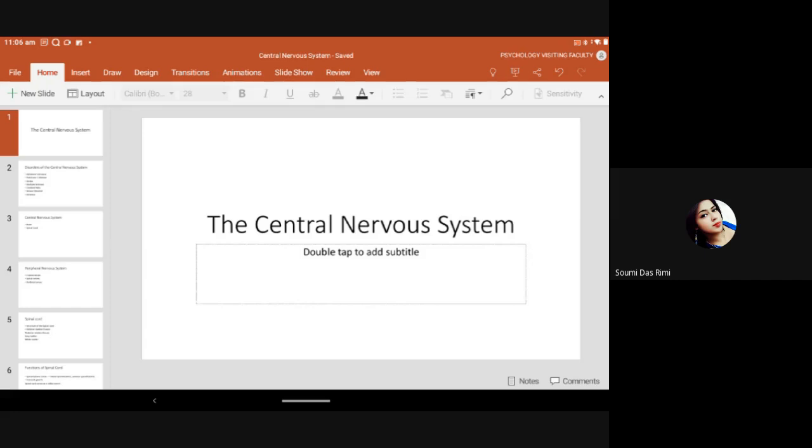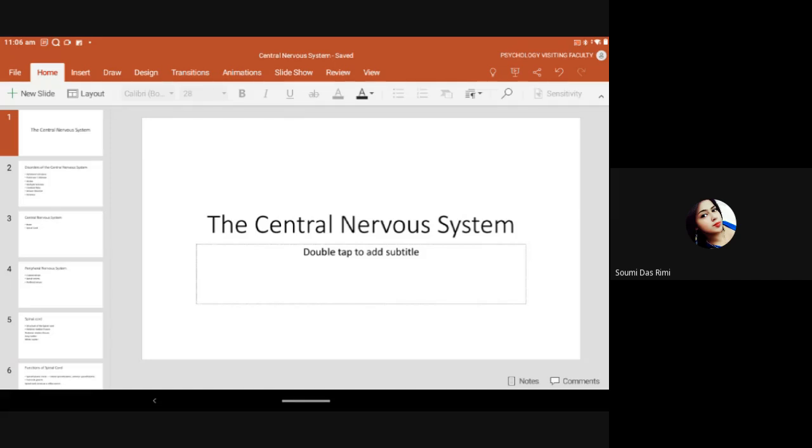Again, the ANS is divided into two main divisions: the sympathetic division and the parasympathetic division. There are some specific functions of the sympathetic division. What are they? It mobilizes the body systems and handles the fight or flight responses.